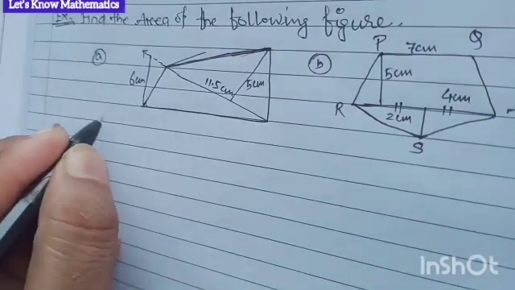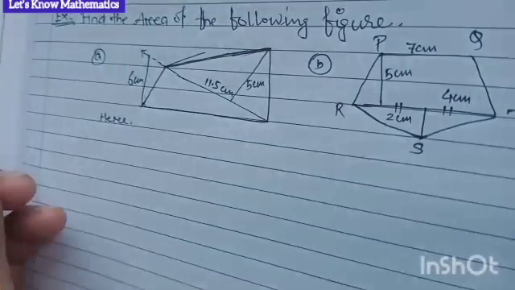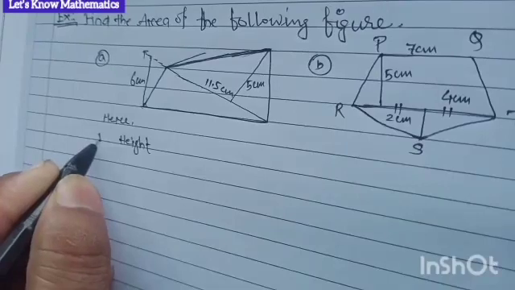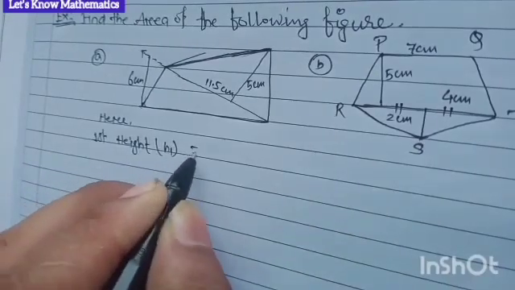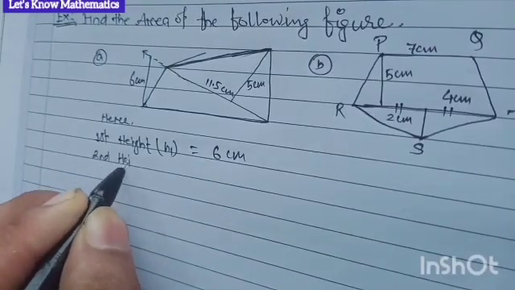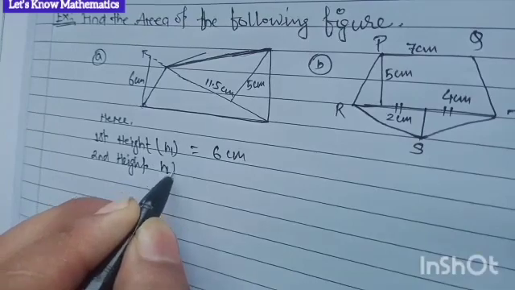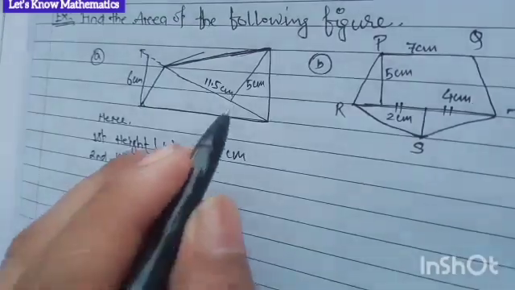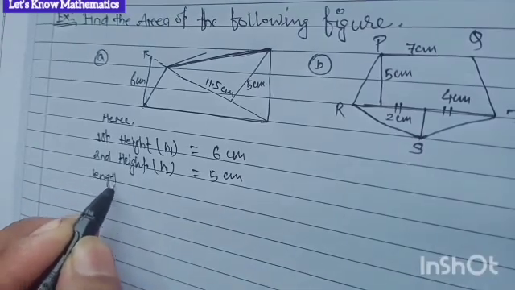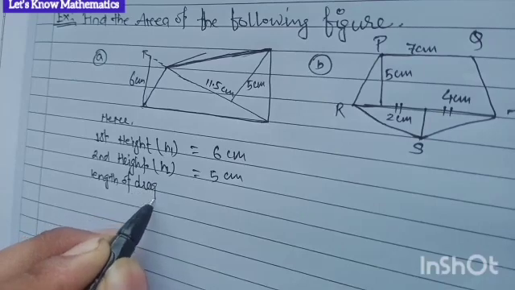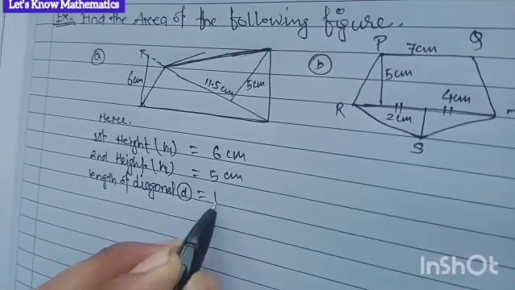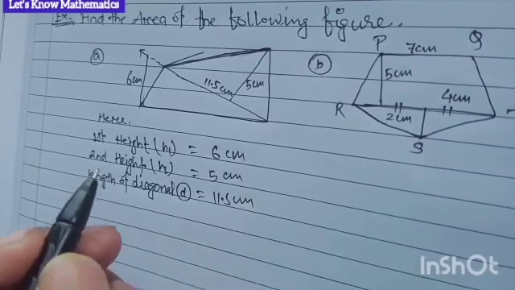Here, the first height h1 is equal to 6 cm, the second height h2 is equal to 5 cm, and the length of the diagonal d is equal to 11.5 cm.